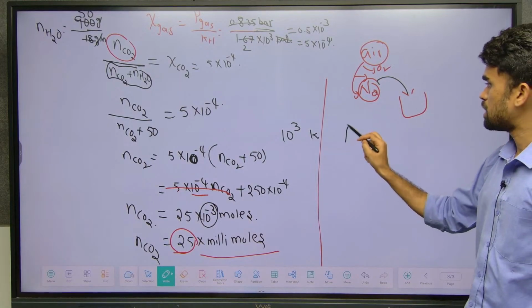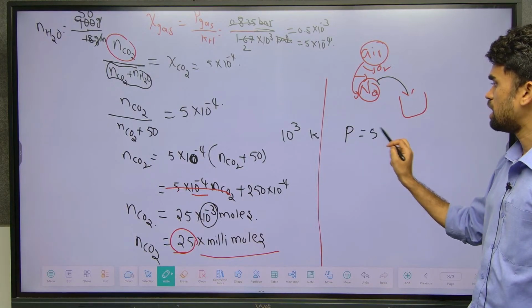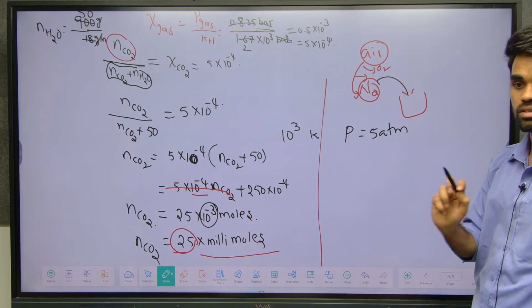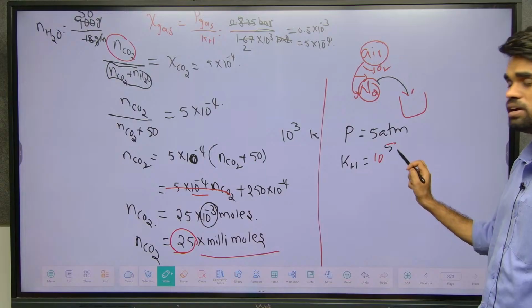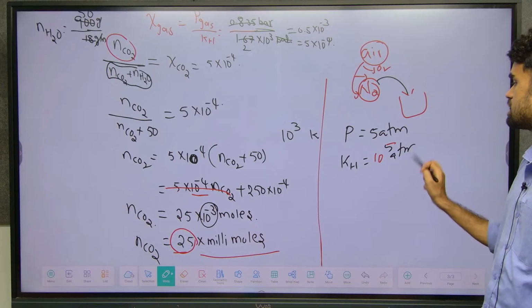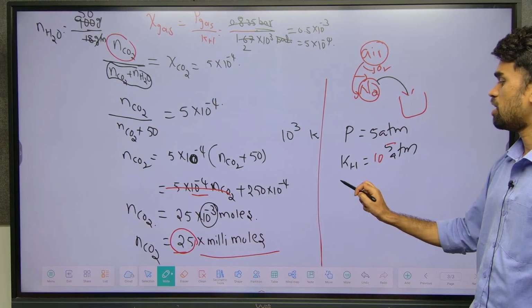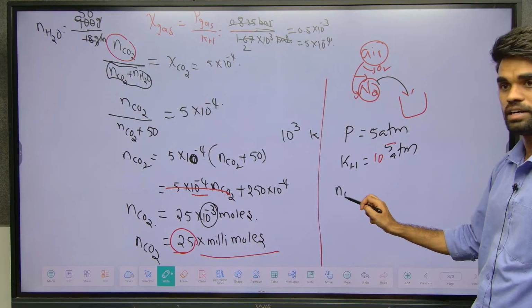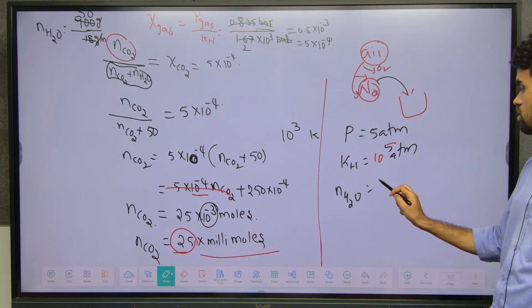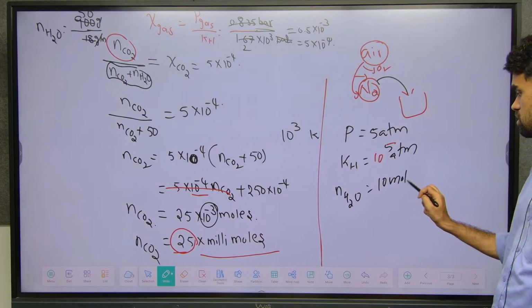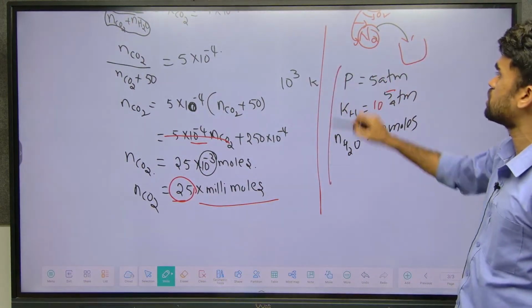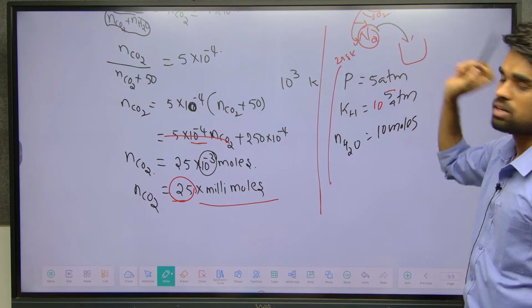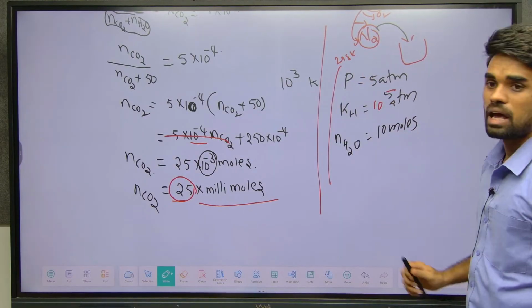See, what is the pressure they have mentioned? 5 atm. Next, kh 10 power 5 atm. Next, number of moles of water provided, no? 10 moles. Next, temperature at particular temperature 298 Kelvin. Okay, right. So now what we need to calculate?